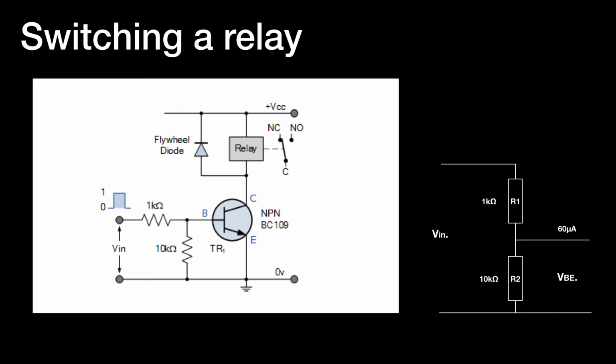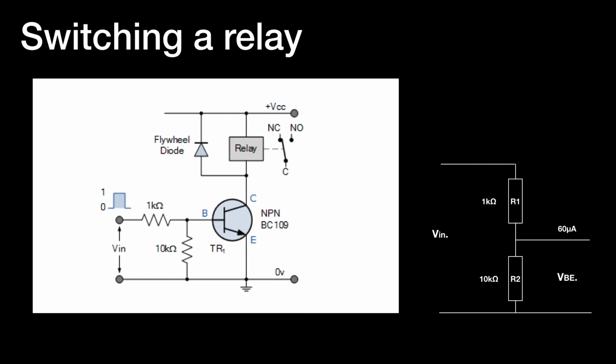Now when we have no signal, we don't want any current to flow. So the 10 kilo ohm resistor on the base ensures that when V in is 0, the base is at the same potential as the emitter and no current flows through the transistor.